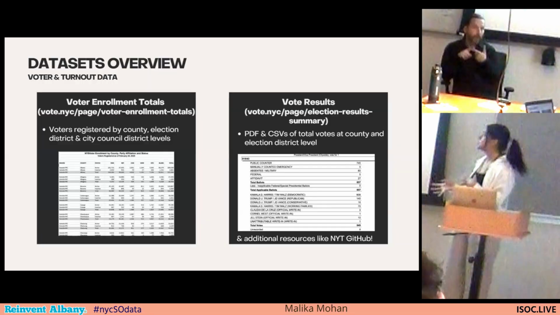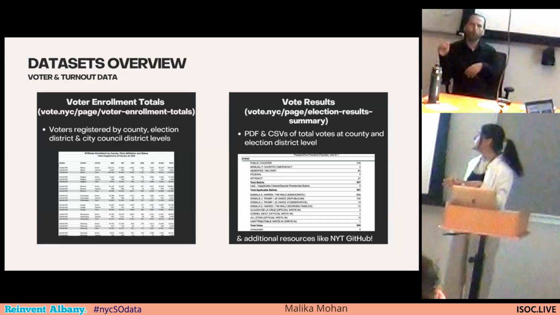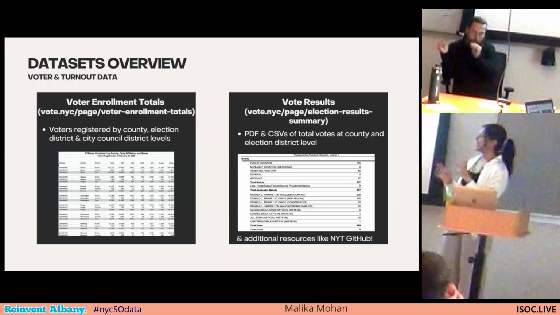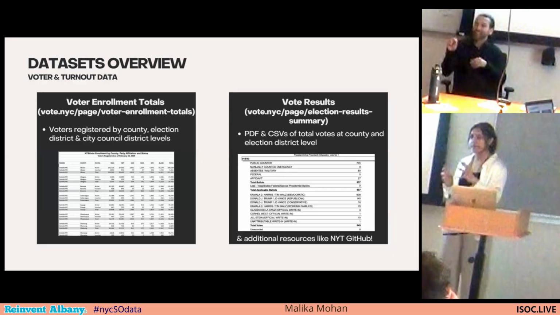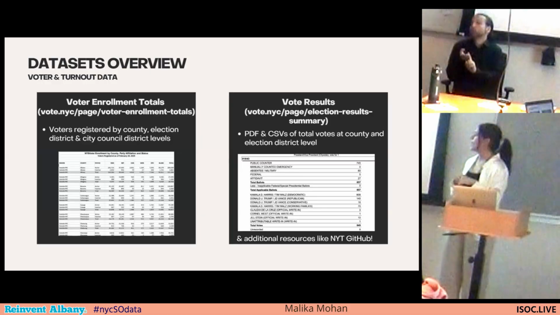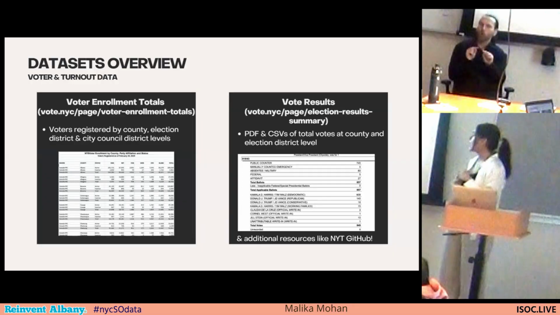And then the site also provides vote result data in PDF and CSV format of these total votes at a county and election district level. We will note, and Jen will also go into this a little bit more, that the CSVs can require some data cleaning and manipulation, but that these initial resources of votes, both at a candidate level and total turnout, are available to the public there.